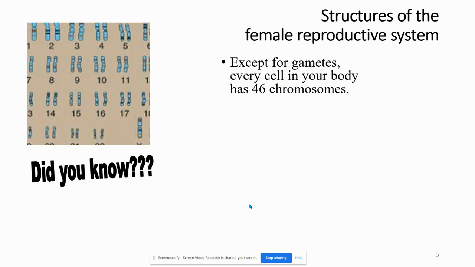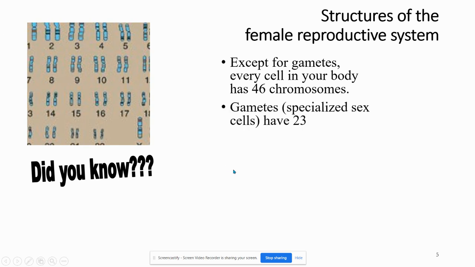Except for eggs in females and sperm in males, every other cell in your body has 46 chromosomes. So they have 23 pairs: one from mom, one from dad, one from mom, one from dad, one from mom, one from dad.